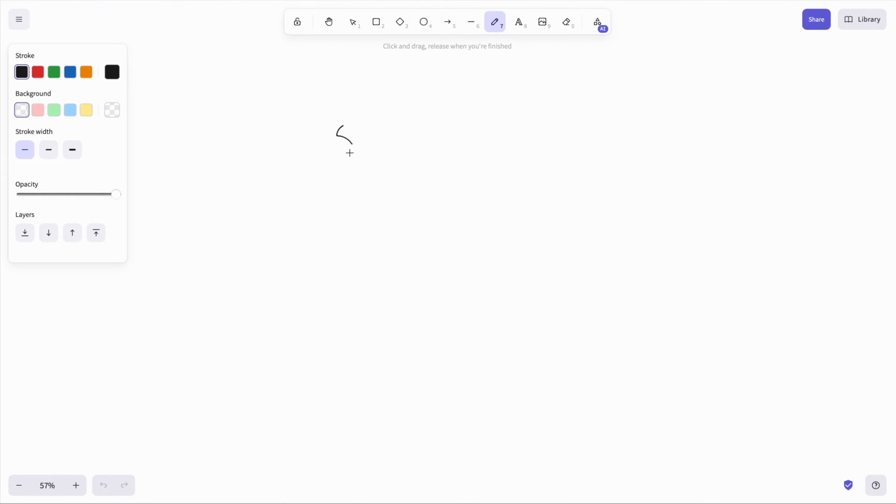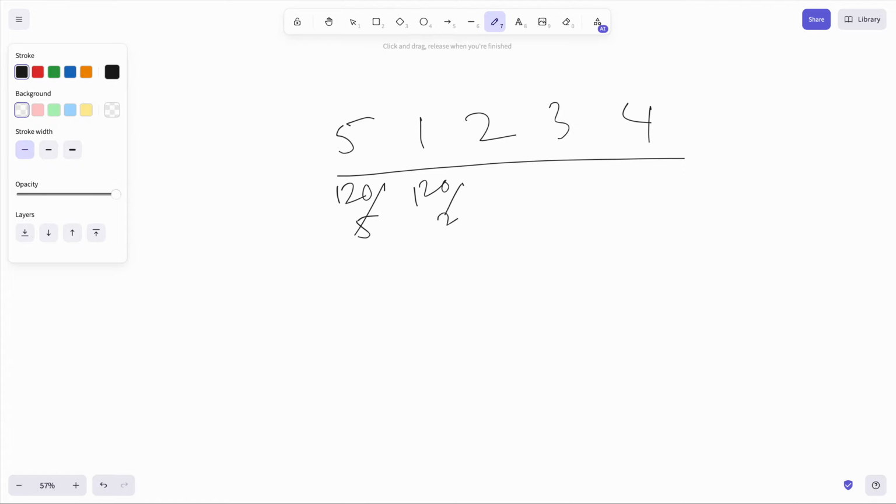Take this example: 1, 2, 3, 4, 5. If division was allowed, we could multiply all of them together to get 120, and then compute 120 divided by 1, 120 divided by 2, 120 divided by 3, 120 divided by 4, and 120 divided by 5. But we cannot use the division operator at all.